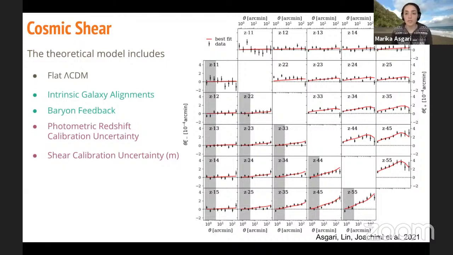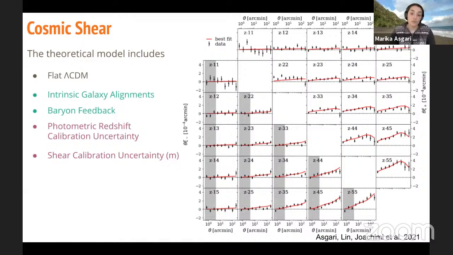So you can see the theoretical model, the best fitting model, drawn with the red line. And this model includes several sections. The first bit is the cosmological part. We use the flat lambda CDM standard model. And then we have 2 groups of nuisance effects that we also include. The first group is basically modeling the impact of astrophysical effects.